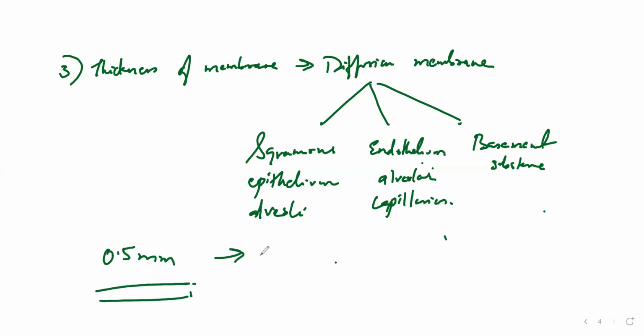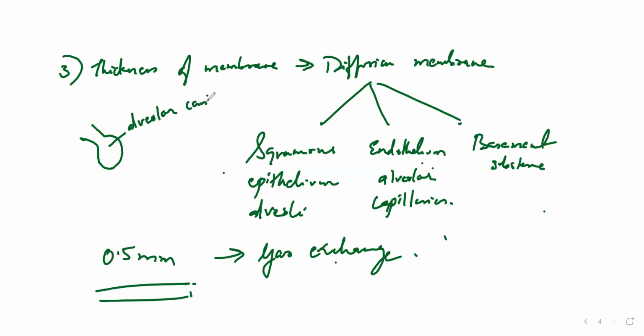So because of this, easy gas exchange takes place. In the lungs, at the end of the bronchioles, you're having what? The alveoli. So if you're having it like this, this one will be the alveolar cavity. Surrounding this, there will be certain tissues or membrane like this.